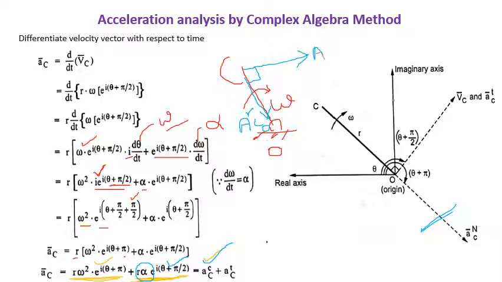This is the tangential acceleration of C with respect to O. Here also in the figure you can see for the link OC, the radial acceleration is acting parallel to it and directed towards the center of rotation. Coming to the tangential acceleration, it is perpendicular to it, or 90 degrees ahead from the link.